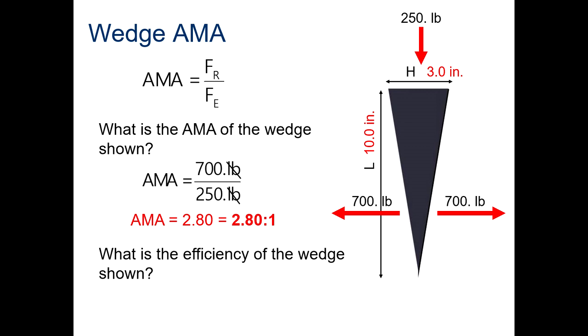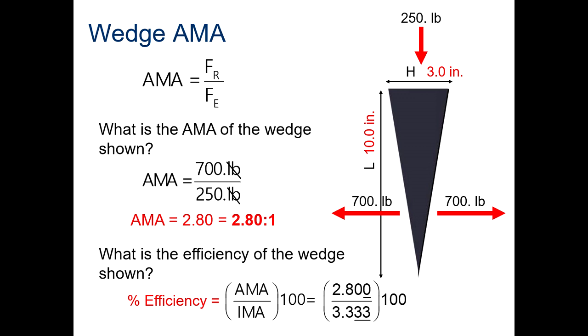So now we can figure out the efficiency of the wedge by taking the actual mechanical advantage divided by the ideal mechanical advantage times 100. So that'll be our 2.8 divided by 3.33. Then we get 0.84. We multiply that times 100 and we get 84%.